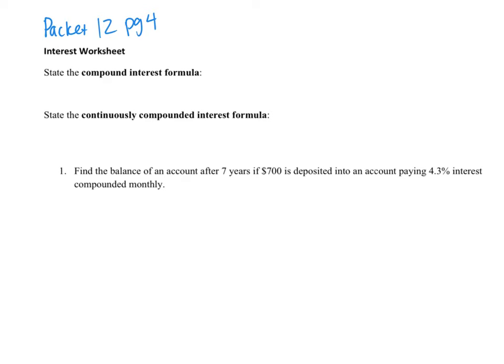In the first 2 questions, it's asking what the compound interest formula is. That's A equals P(1 + R/N), R being the interest rate, N being the number of times you compound. The exponent here is N times T, the number of times you compound times how many years you are investing. And then there's the compound interest formula.